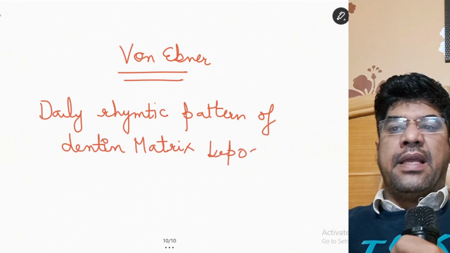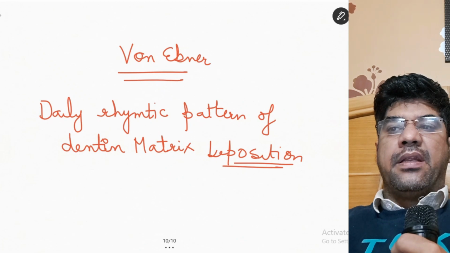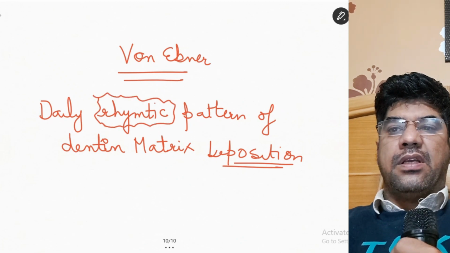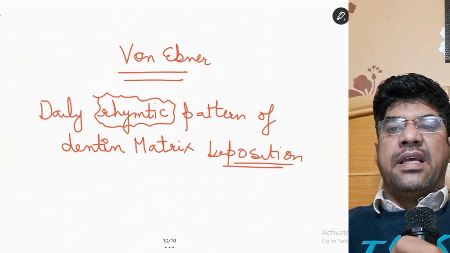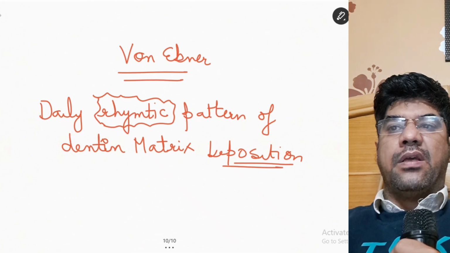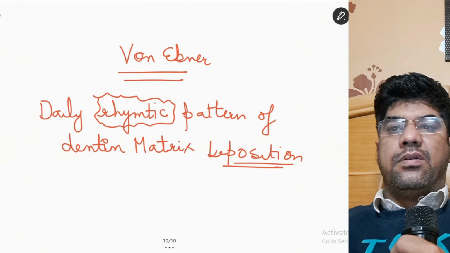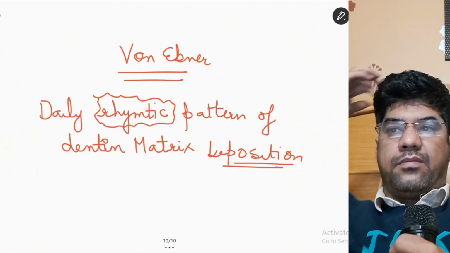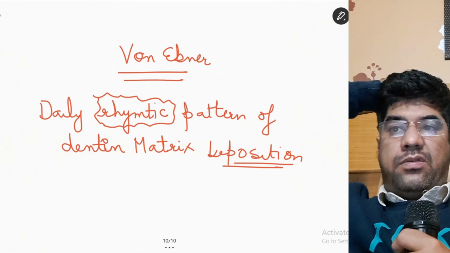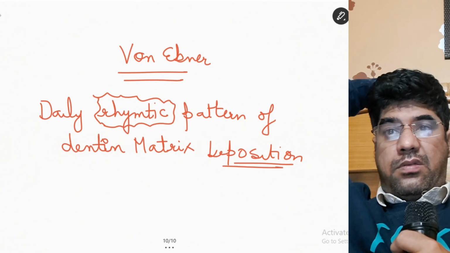So this incremental line of von Ebner shows the daily rhythmic pattern of the dentin matrix. They are seen as fine lines at right angles to the dentinal tubules, and these are known as incremental lines of von Ebner.